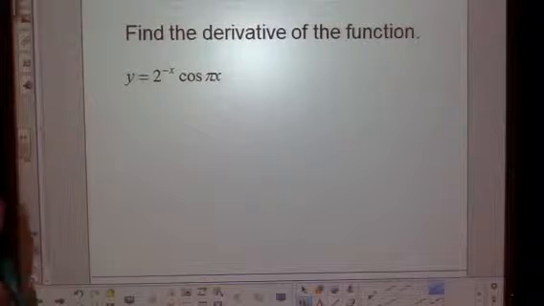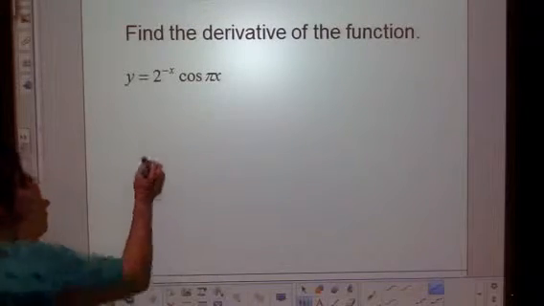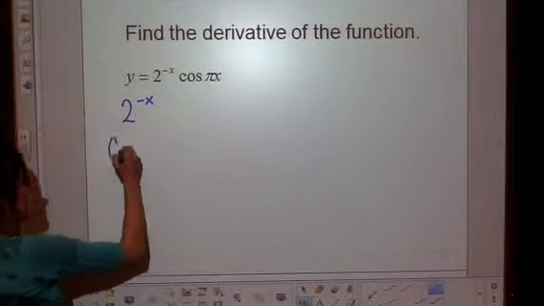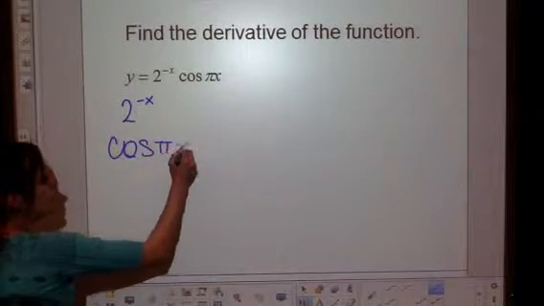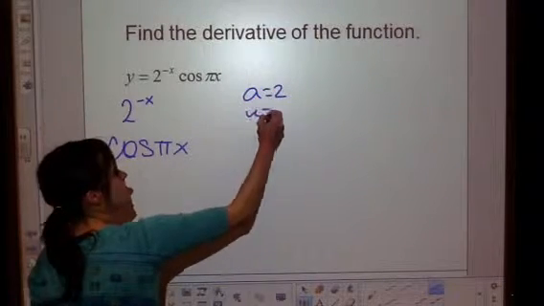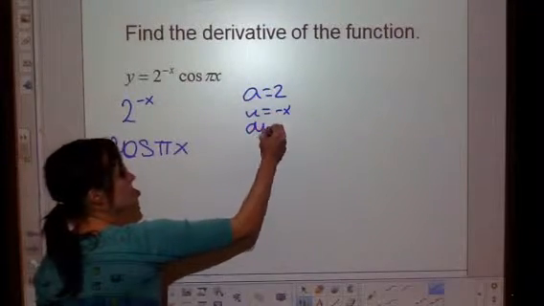See if you can do this one on your own. x is in 2 spots, so you should do the product rule. For the top one, we're going to say a is 2, u is negative x, so du is negative 1.